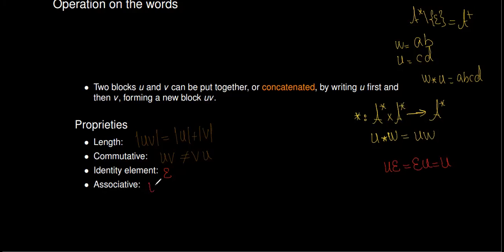I mean (UV)W is like U(VW), and you can eliminate the parentheses and write UVW. So it is a binary operation with an associative property and an identity element, so it would be one monoid.